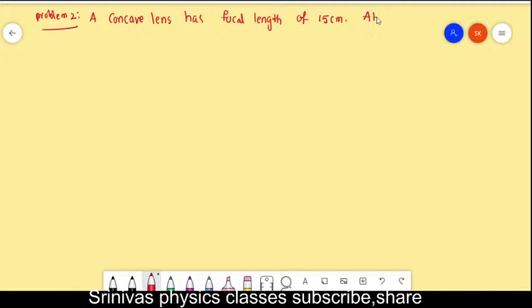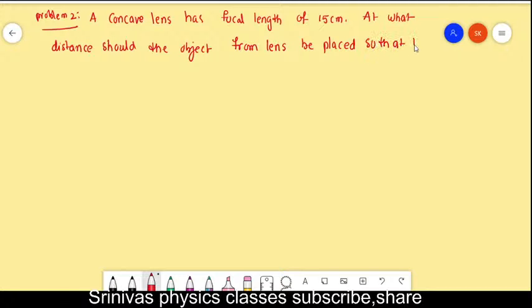At what distance should the object from lens be placed so that it forms an image?